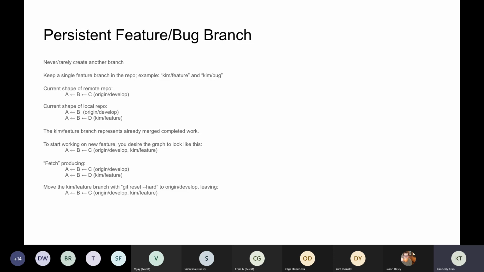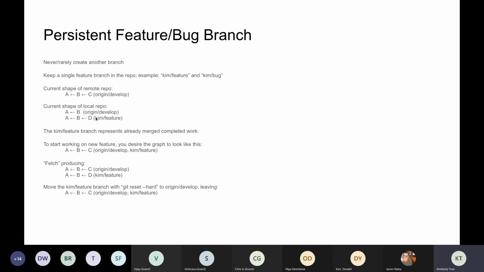So instead of creating new branches, say the shape of the remote repo is A, B, and C, so A, B, and C are the changes up there. The local repo has A and B only, and A, B, and D is my feature branch.